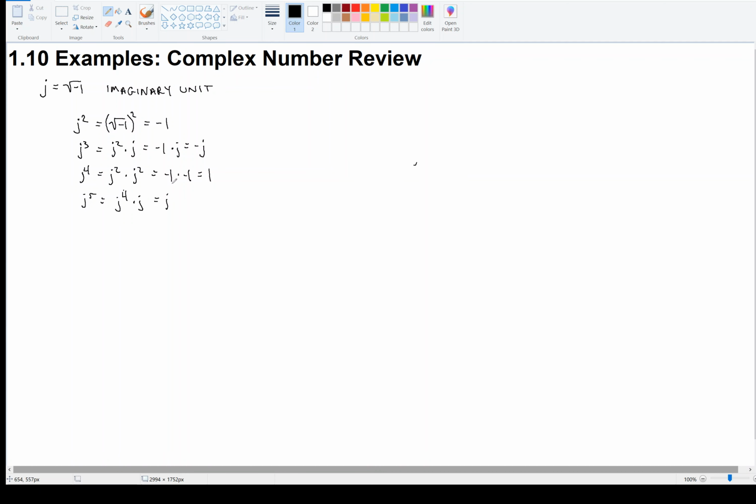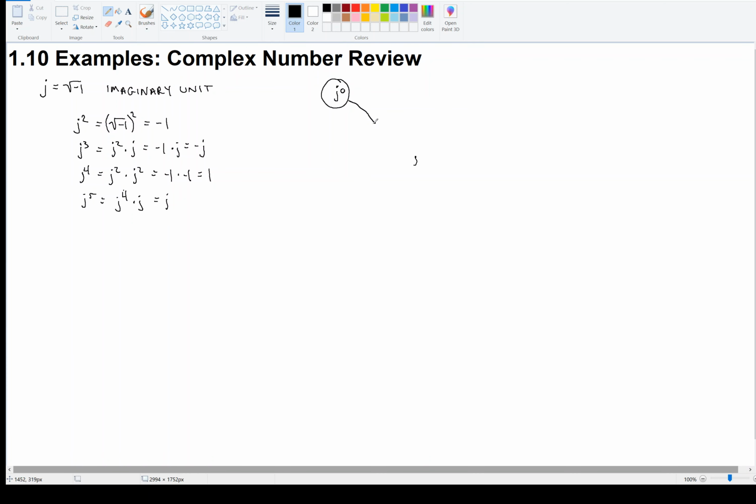So what we can say is we've got something like this. This is like the cyclic nature of the powers of J, where if we start at J, and then we can call that J to the 0, we'll say J to the 0, or J to the fourth is 1.